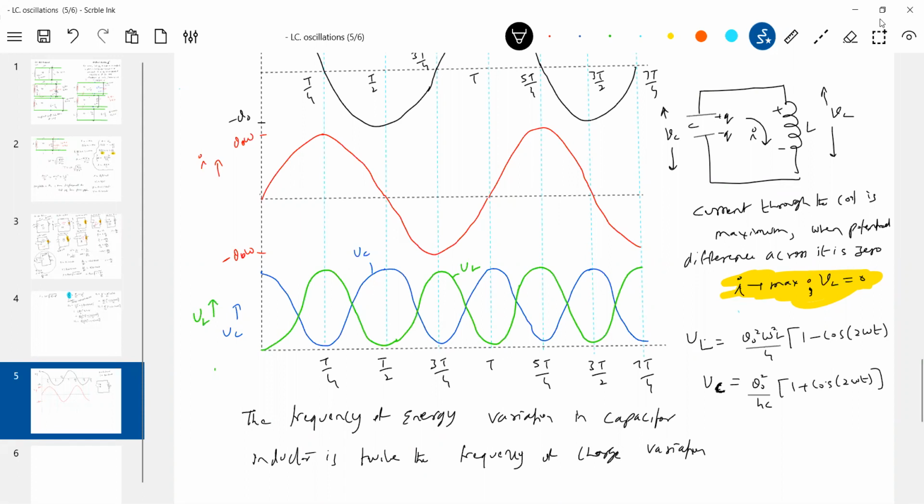If f is the frequency with which charge is varying in LC circuit, what about the magnetic and electrostatic field energy? It will be twice. That's what the graph is telling.